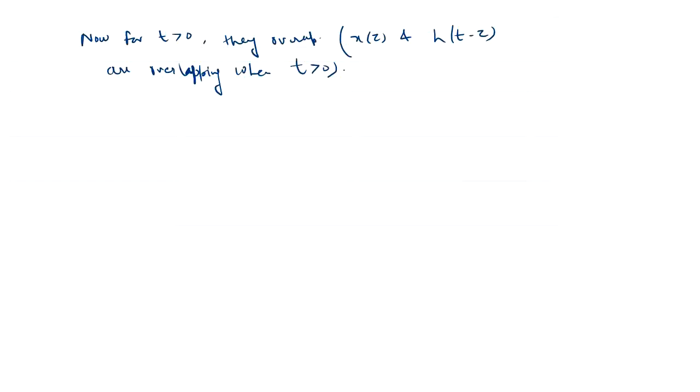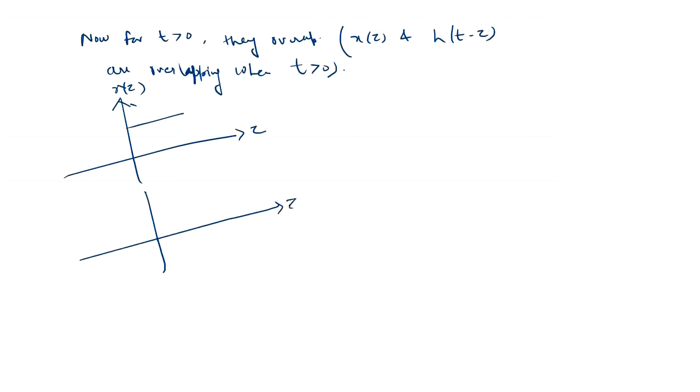And what is the reason for the overlap? This is our x(tau) and this is our h(t minus tau), and here we have t. What is the region of overlap? If we multiply these two graphs, we get this area.